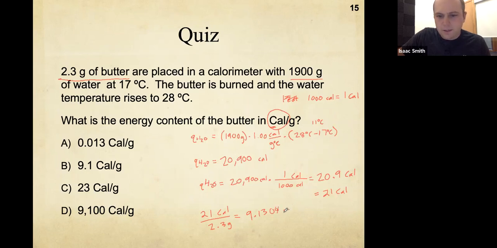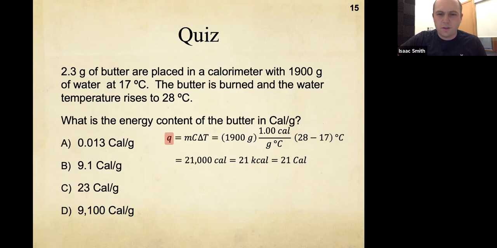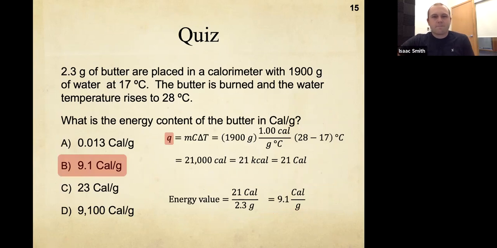And then we need to round that to 2 significant figures because these 2 numbers both have 2 significant figures. So that would be 9.1 calories per gram. So that makes, oh, not C, I mean B. That makes B the correct answer. Okay. This is just going through it with the more legible handwriting here. B is your correct answer, okay?